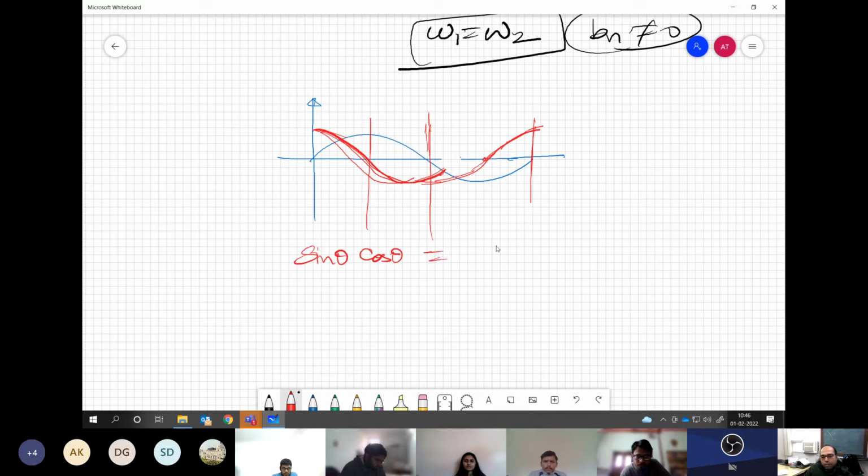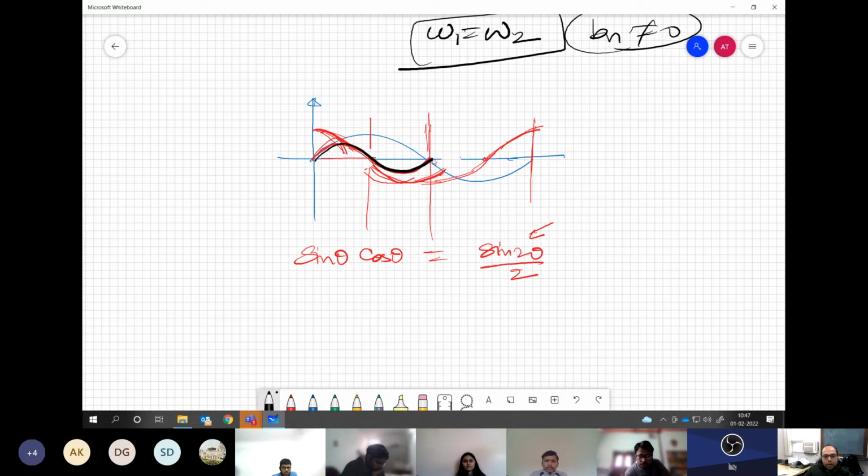This is nothing but sine 2 theta by 2, which is a double frequency waveform, going at double rate. Let me draw in black.